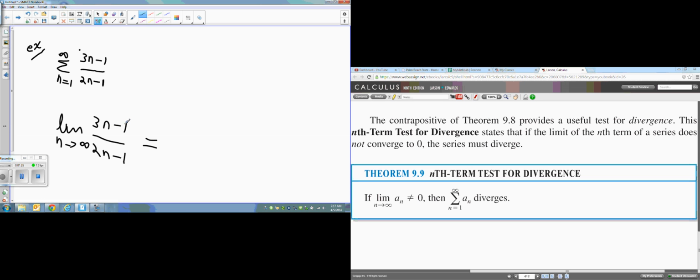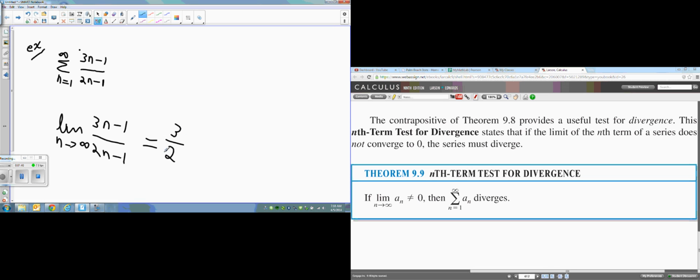You can use L'Hopital's rule, or you can divide each term by n and then take the limit that way. Either way, you see that the limit is going to be 3/2.